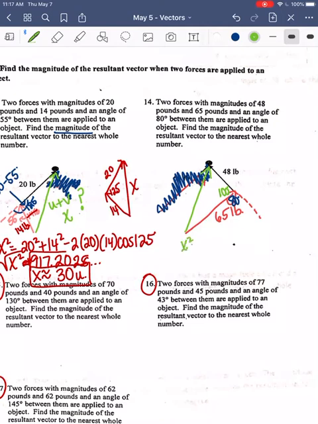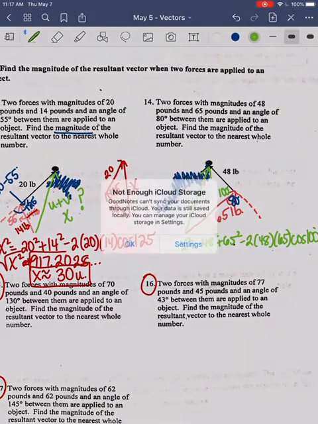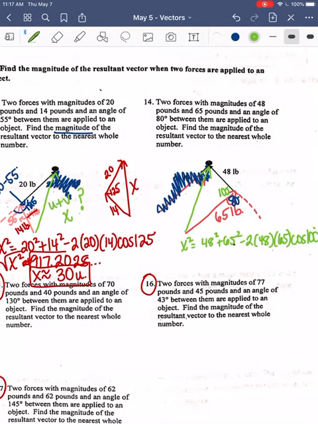So x squared equals 48 squared plus 65 squared minus 2 times each of those times cosine 100. All right, so we should get about 87.